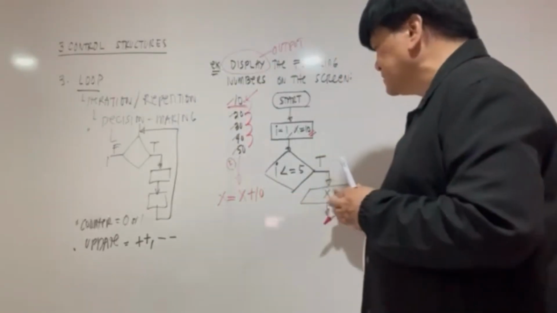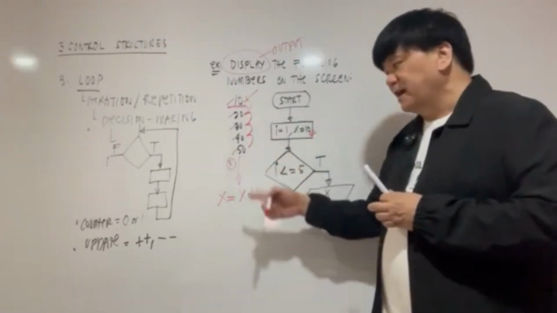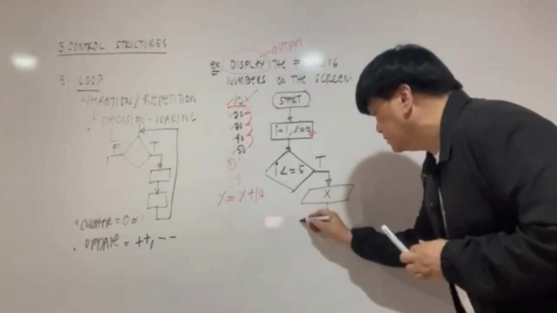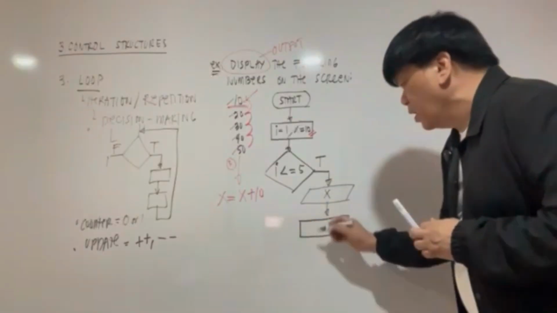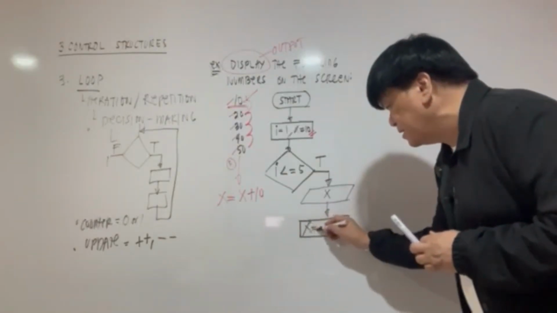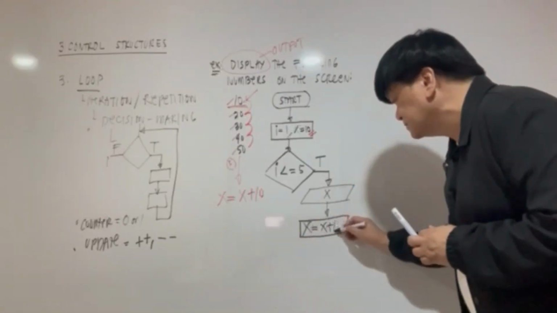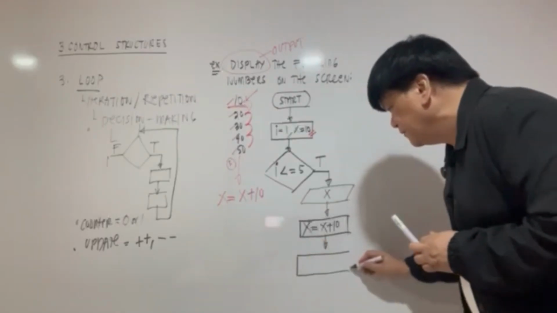The present value of x is 10, so plus 10, that will be 20, and then it loops. Therefore, our next symbol here is the processing symbol. Let's put the formula here: x is equal to x plus 10.